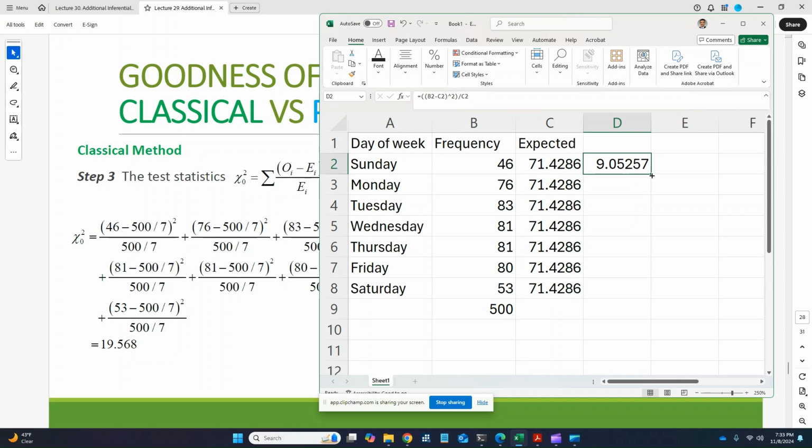Now we have 9.05257 as the result of this exercise.